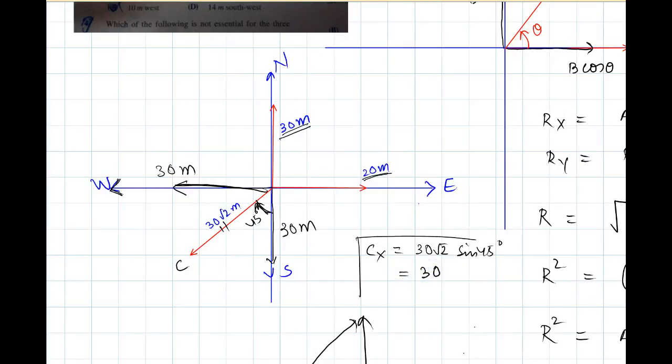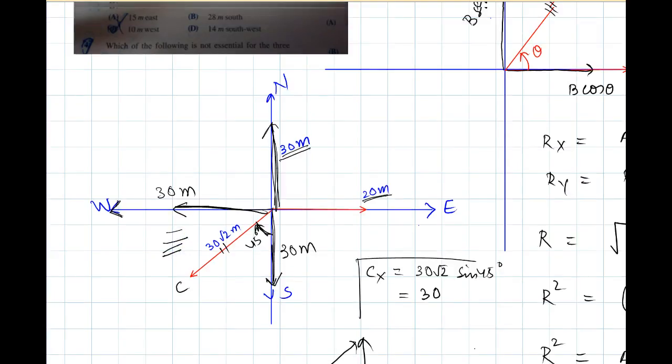Now what you see is that this north component cancels the south component. So the displacement along north or south is 0, and effectively the object has moved just 10 meters towards west.